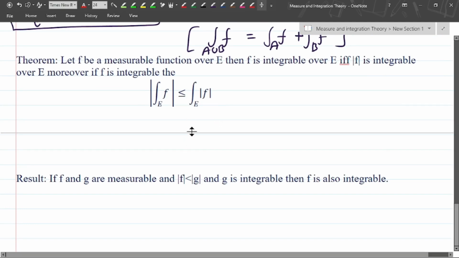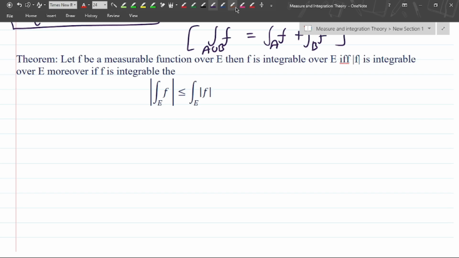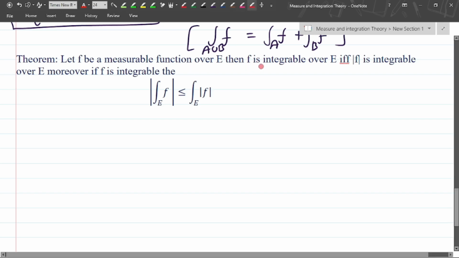The next result: if f is a measurable function over E, then f is integrable over E if and only if mod of f is integrable over E. We'll prove this.